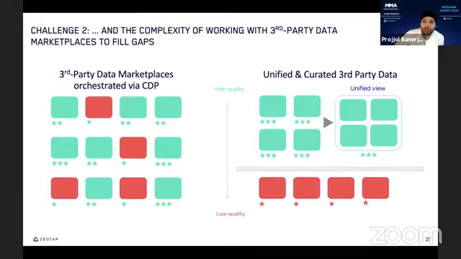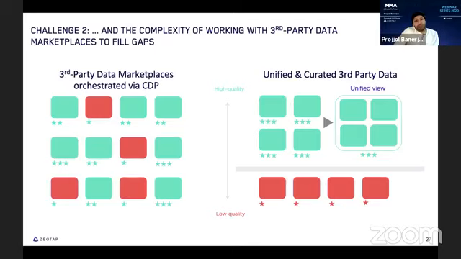And then, of course, 30% claim they don't have enough first-party data, which is something that we also see across our work. And then the mechanics of collecting this first-party data are also inadequate. Great. We hope to address this in a couple of slides.